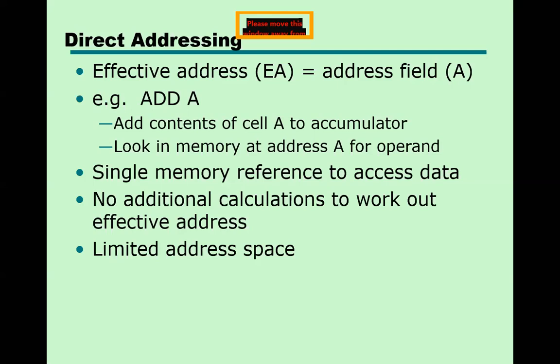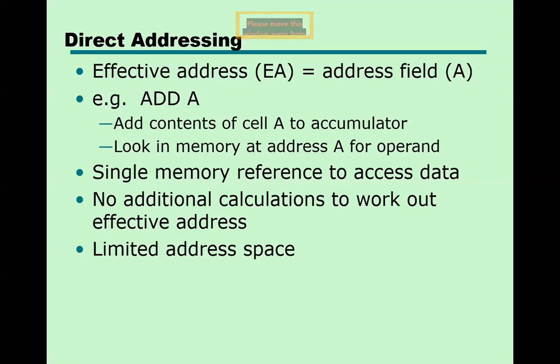We are not pointing to one memory address and then to an operand. This situation you could not see in direct addressing. It is not the case that one memory refers to another memory for the operand. In direct addressing, there is always a single memory reference, and from that you can access the data.